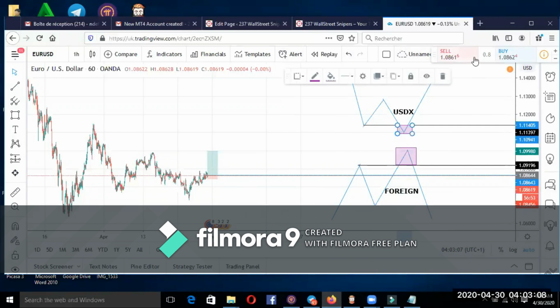There'll be circumstances where you will see the foreign currency trade lower, as you see here. Let me edit it a little bit.